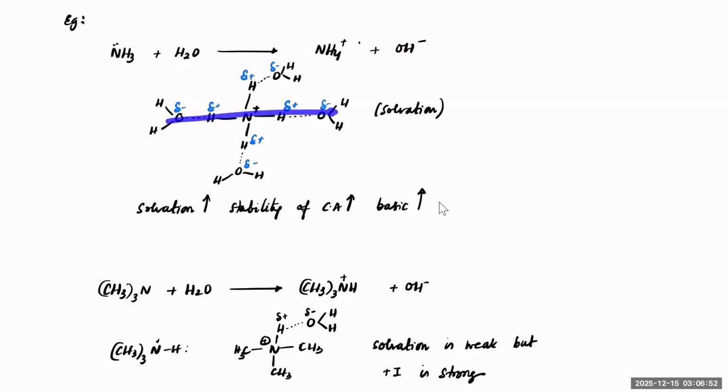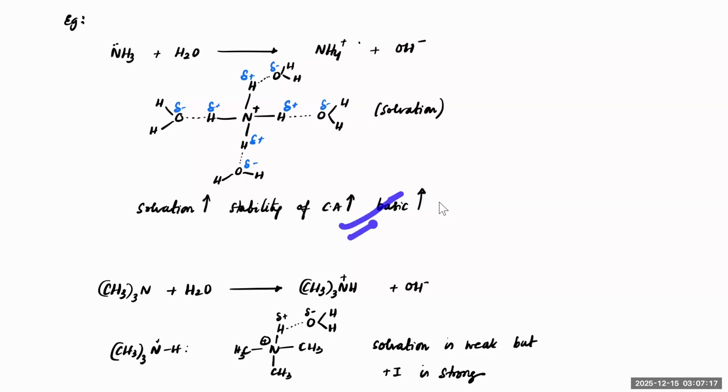Due to this attraction, the positive charge gets induced in all 4 hydrogens, and that in fact will get attracted with oxygen, because of which the stability increases. Hence, if the solvation increases, the stability of the conjugate acid increases. That means the basic nature of the ammonia increases.